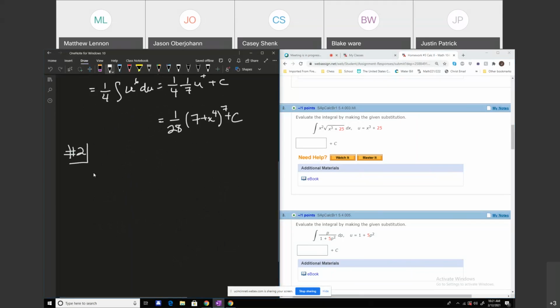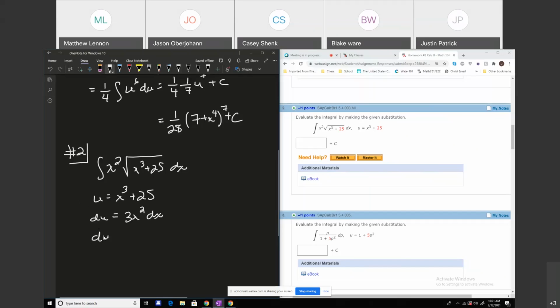So let's say we have the integral here of x squared, rather, times the square root of x cubed plus 25 dx. So here we want to let u be x cubed plus 25. And then du will be 3x squared dx.